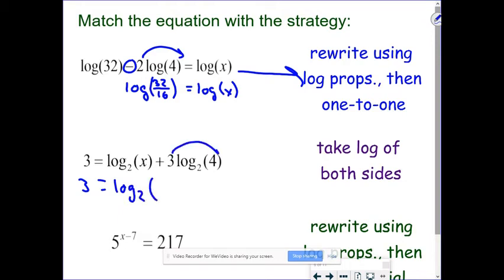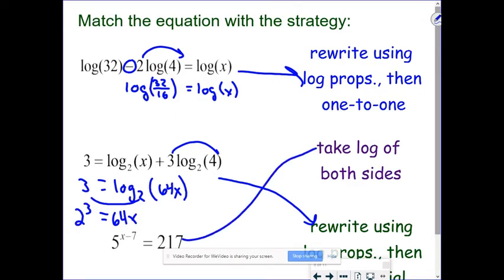That's 64, and that's addition, so that's 64x here. At this point, do I have logs on both sides? No. So what can I do? I can rewrite it in exponential form. So that's going to be 2 cubed is 64x. 2 cubed is 8. Okay, and we go on from there.